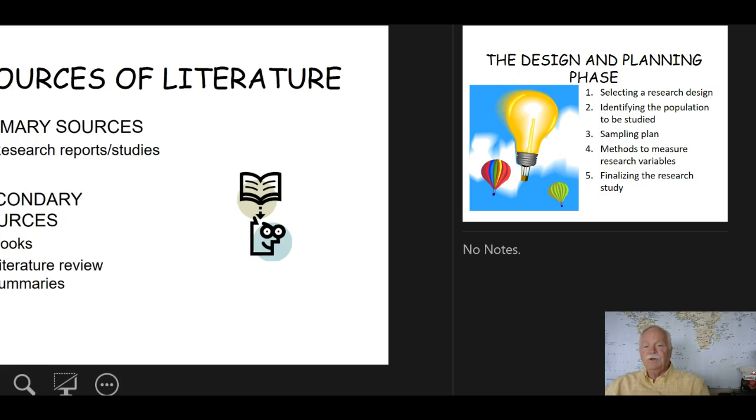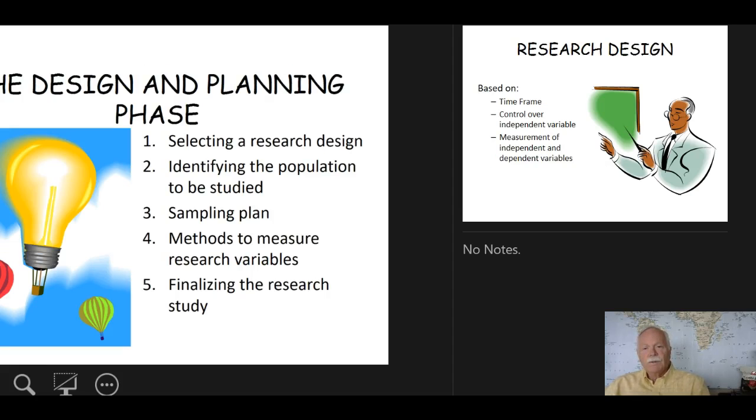And then secondary sources, which are books and literature reviews, summaries, etc. Just as a side note on books, books that are typically published by the major literary groups are all peer-reviewed, and so there's some degree of confidence with that. The ones that are solely, or just a couple authors have a higher review status, if you will, in terms of integrity of information versus those that are edited versions.